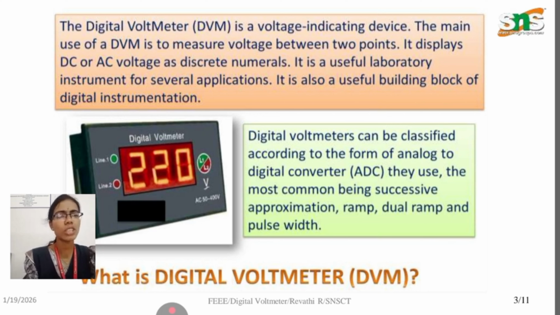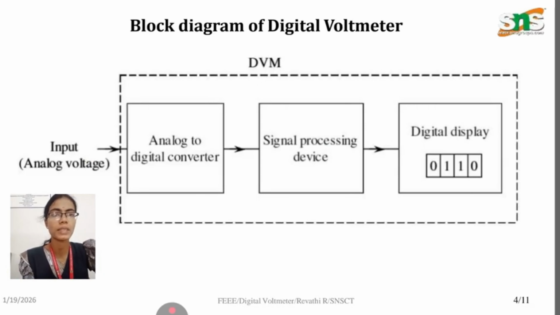The most commonly used techniques are successive approximation, ramp technique, dual ramp and pulse width modulation. We can easily measure both AC and DC voltage in the form of discrete numerals, and it is also known as a building block of digital instruments.